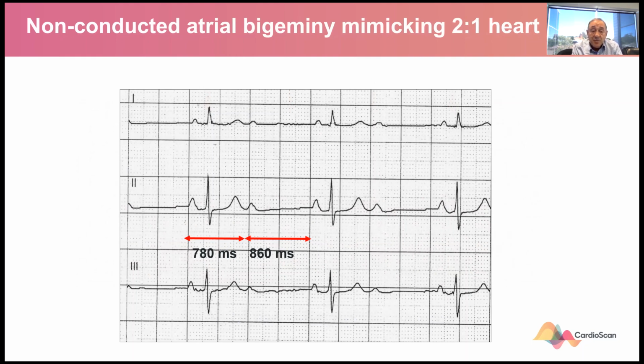So this beat is premature. It is smaller than the normal sinus P wave, and therefore, although it's mimicking 2-to-1 heart block, it's almost certainly non-conducted atrial ectopics.